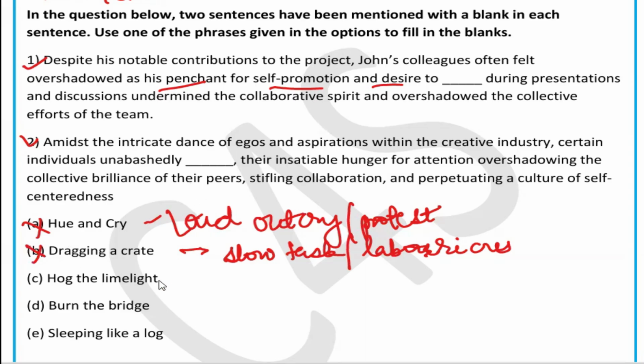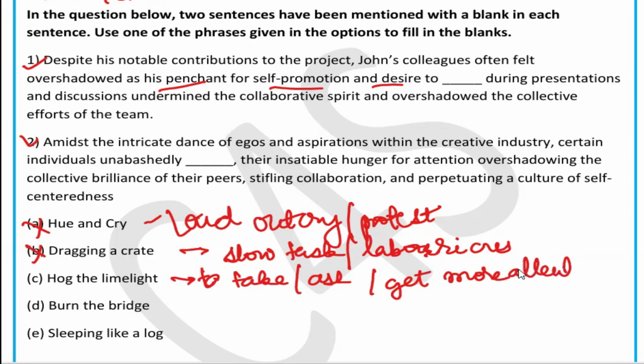Then next is hog the limelight. Hog the limelight here means getting more attention, or asking for more attention than anyone else in the situation.